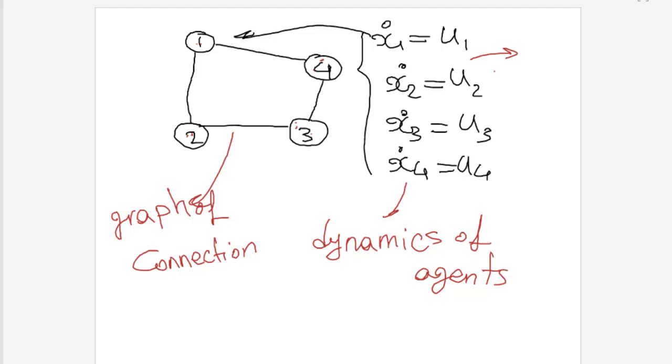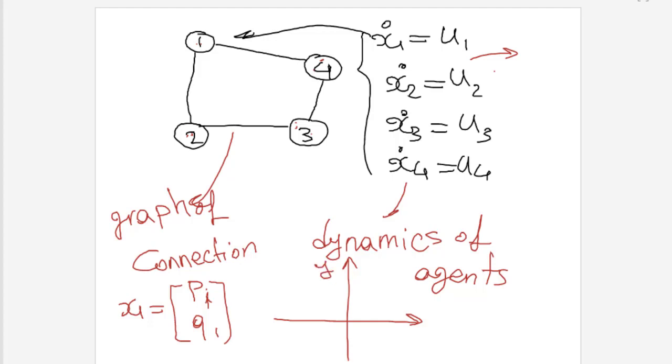Okay, this is all about the connection, but the dynamic of the robots, the first robot is like this: x1 dot, for example, x1 equal to P1 Q1. This is y and x.